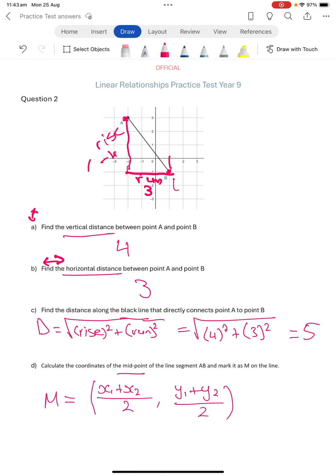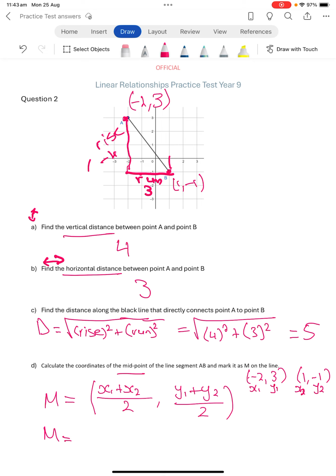So at B, I'm at 1, -1. And at point A, I'm at -2, and I'm up 3. So if I put my points over here, -2, 3, 1, -1, and I label them, so I've got x1, y1, x2, y2, and then I make the substitutions.